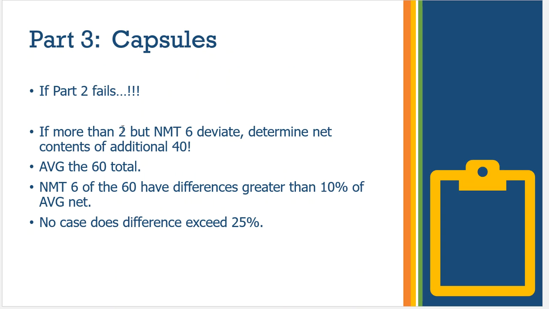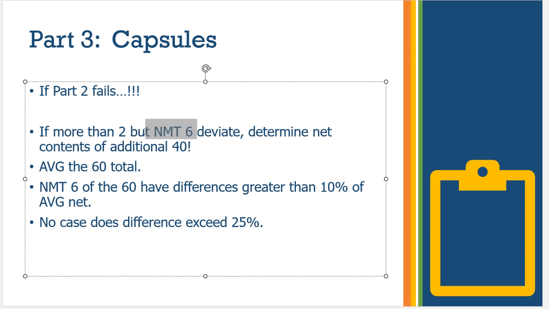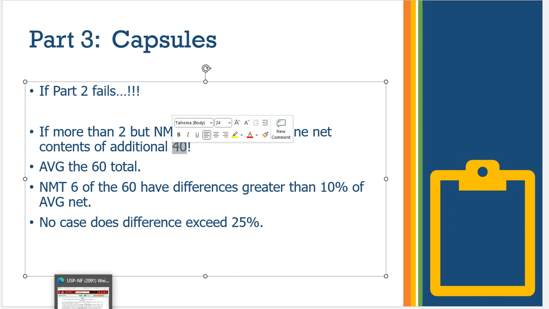But if more than 2 fail, but no more than 6, then we have to do another 40 capsules. Do you think I'm lying? Do you think this is busy work?